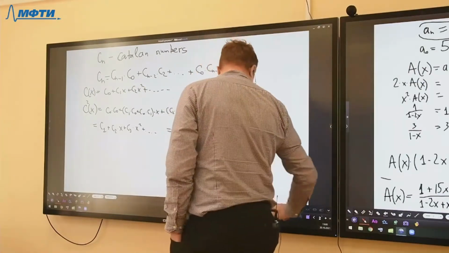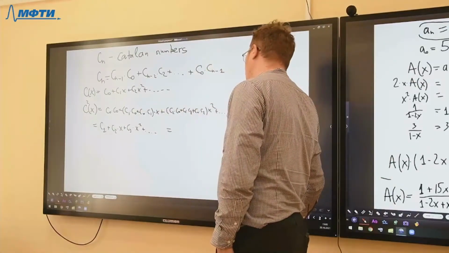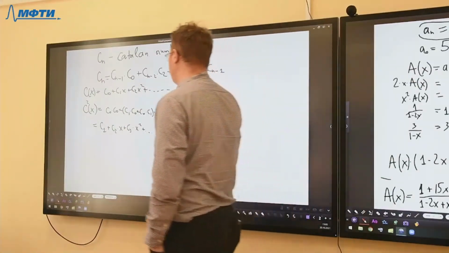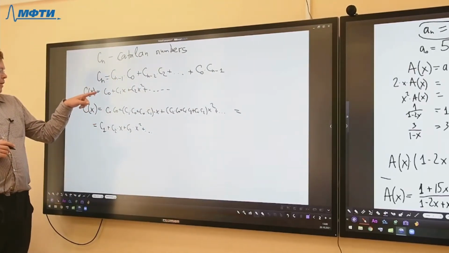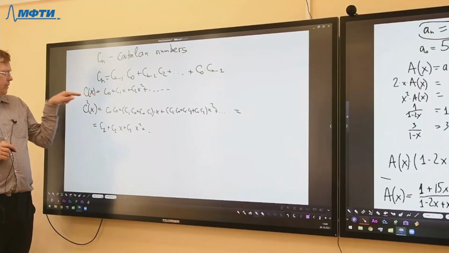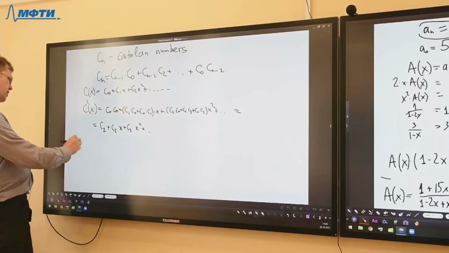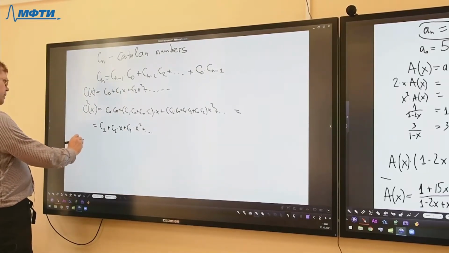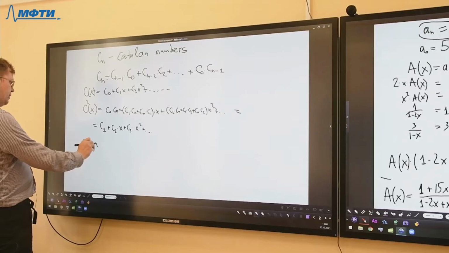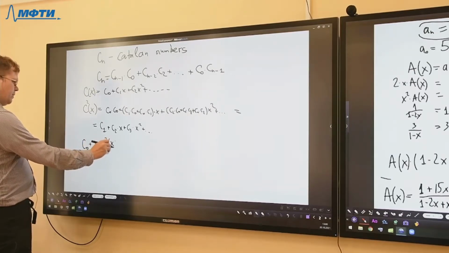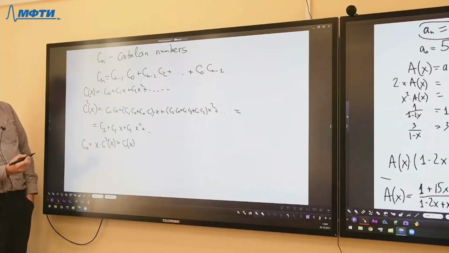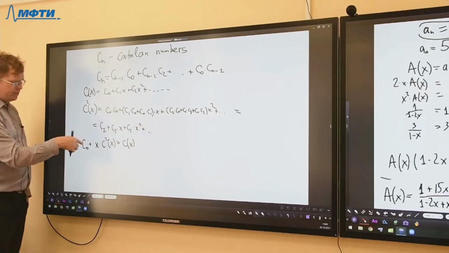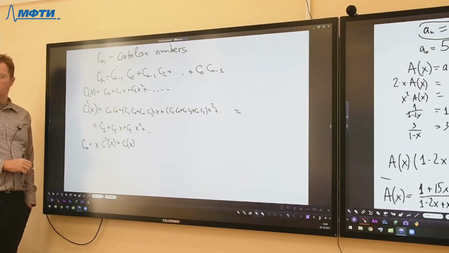So we obtained the initial generating function, but multiplied by... no, sorry. We can obtain it if we cut the C0 from here and divide it by x. So if I multiply by x and add C0, I will have the initial formal power series.